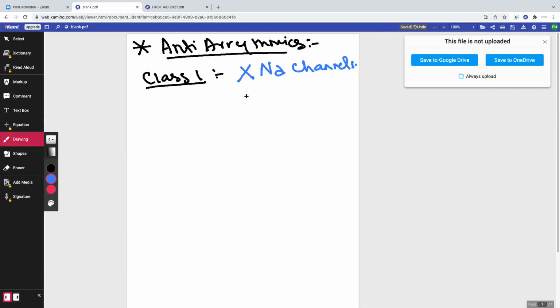Now, what happens when you block the sodium channels? We know that we have the myocardial action potential that stays at a negative 85 millivolt resting potential. And then with the opening of the sodium channels, we have an active depolarization, from here to here.